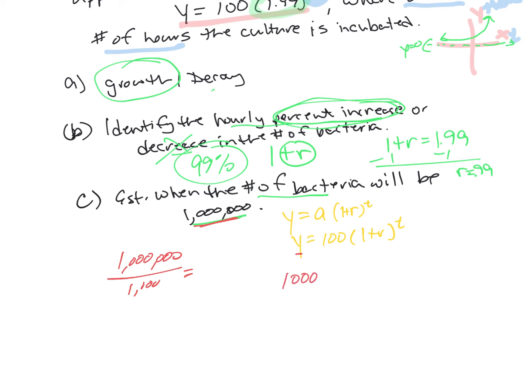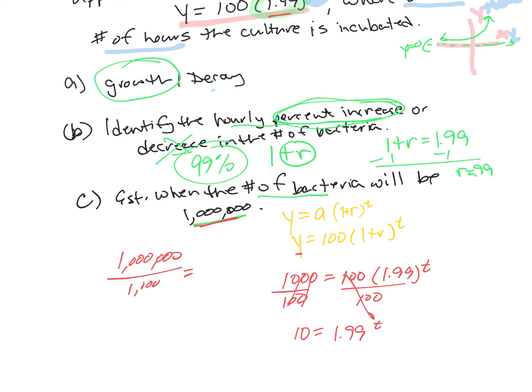When I get that, it becomes 1,000 equals 100 times 1.99 to the t. So I can divide by 100, and this cancels out, and we get 10 equals 1.99 to the power of t.